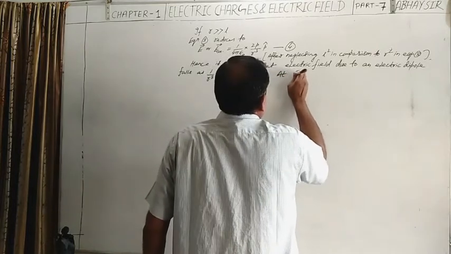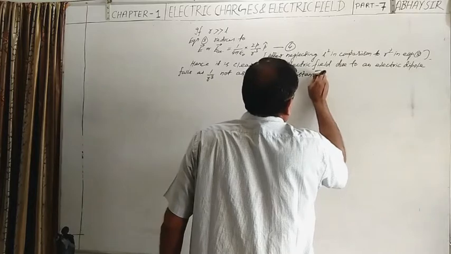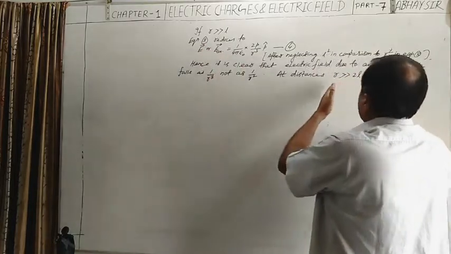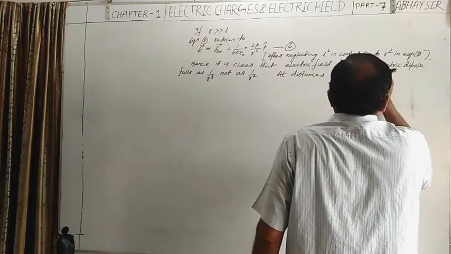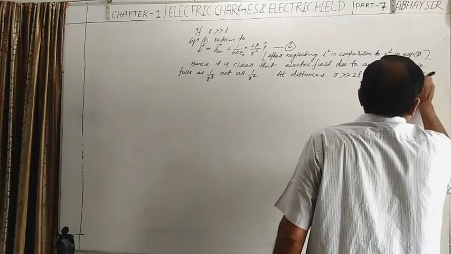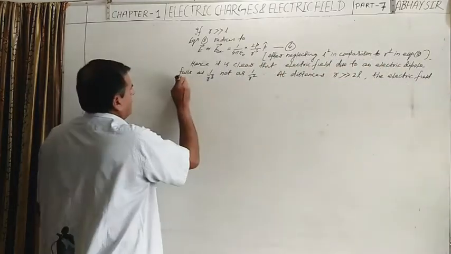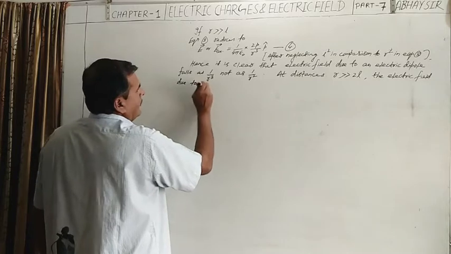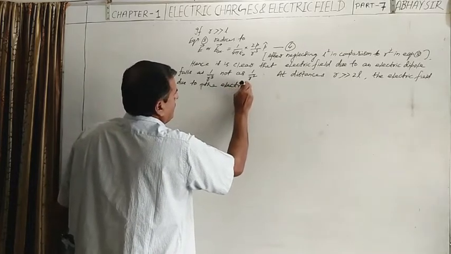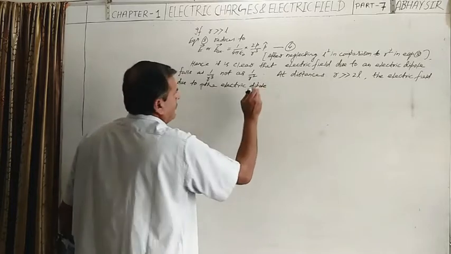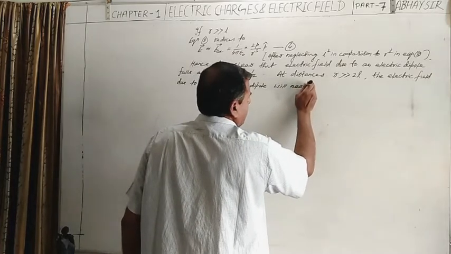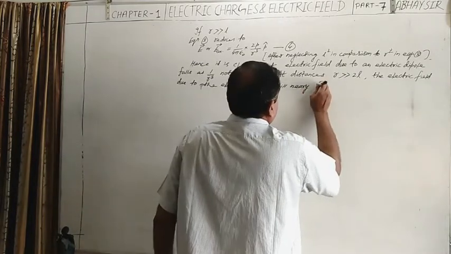At distances r greater than 2L, not L, 2L, the electric field due to the electric dipole will nearly vanish, will nearly cancel out, will nearly become zero.